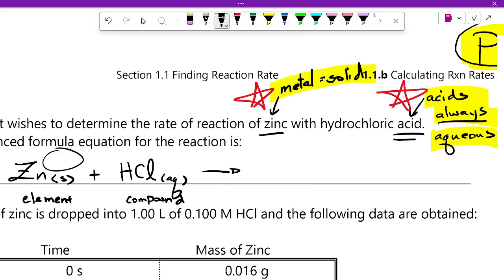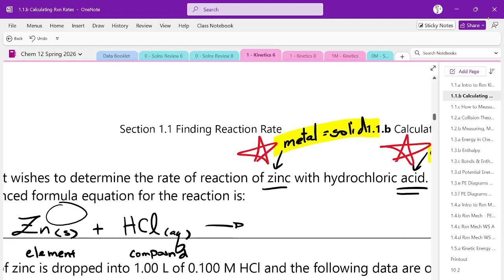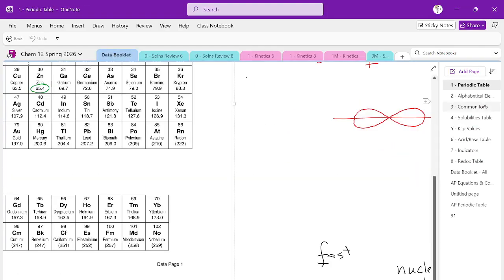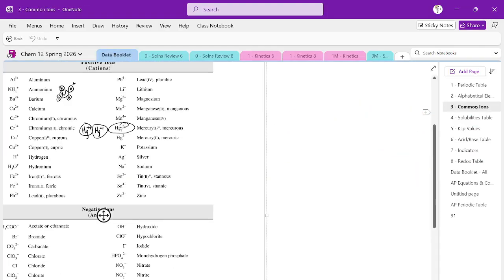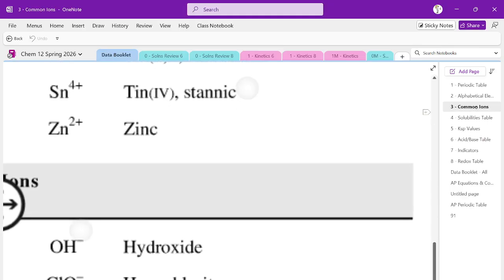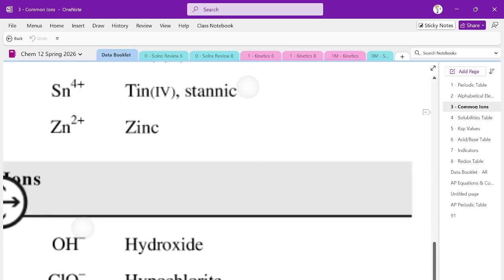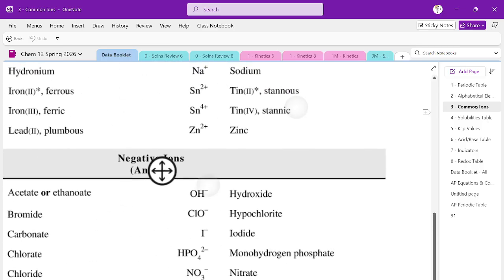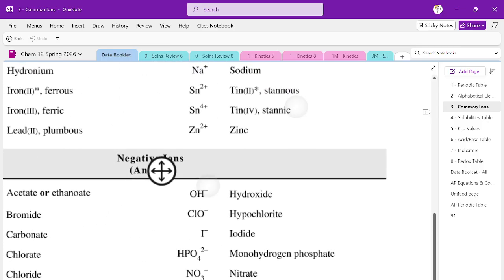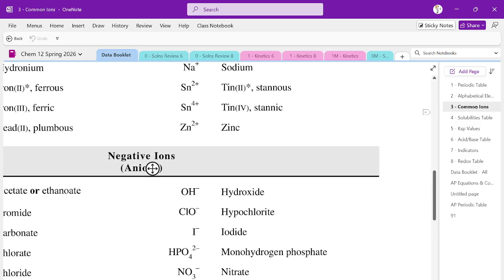But if zinc were to have a charge, what would it be? It would be 2 plus. If you forget that, in your data booklet on page 3, there are charges of common ions, and you can look up that zinc is 2 plus. Anytime you forget any of the charges, they are on page 3. It's really good to know them by heart, so you don't always have to look them up, but do what you can.